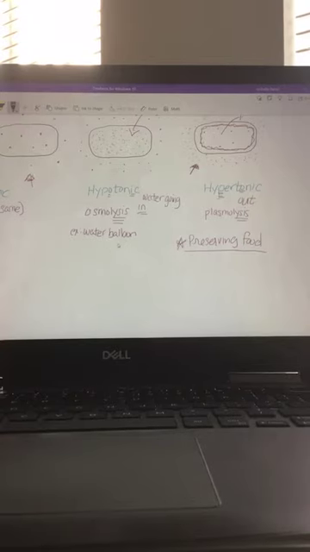What else do I want to say about this? Where can you find them? You can also find them in highly salted environments like the Dead Sea. The Dead Sea is a place where you can find hypertonic microbes that can live in a highly concentrated salt environment, and they are extremophiles.